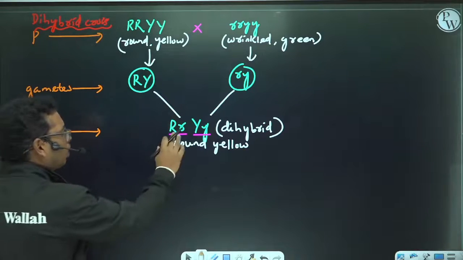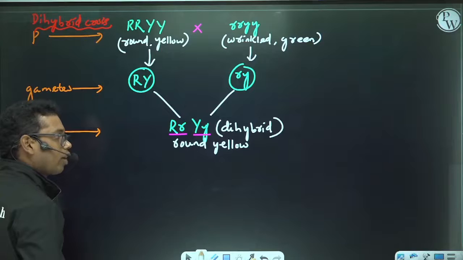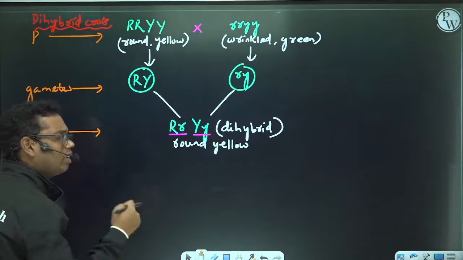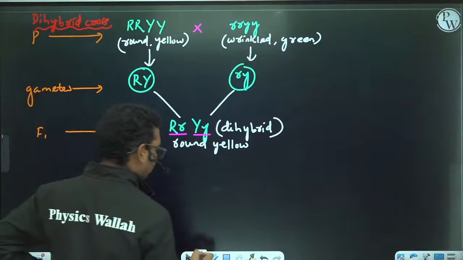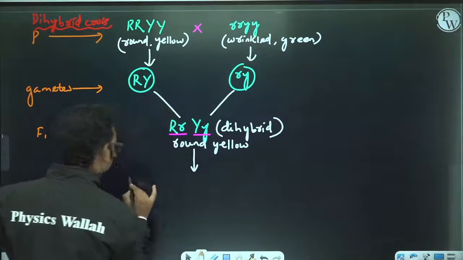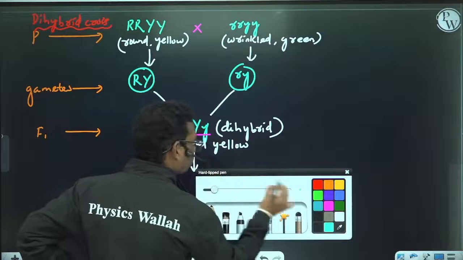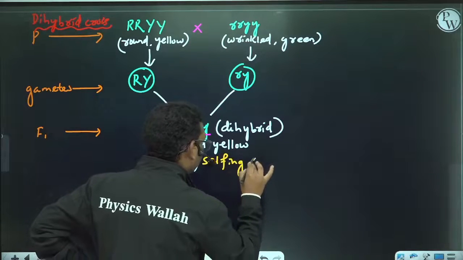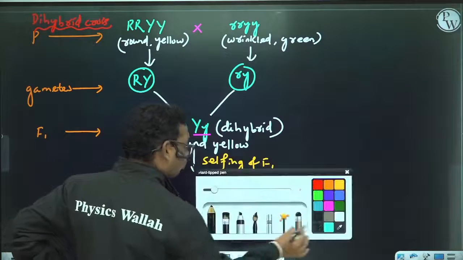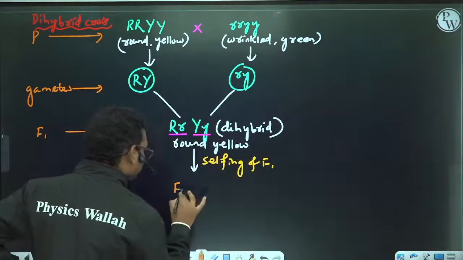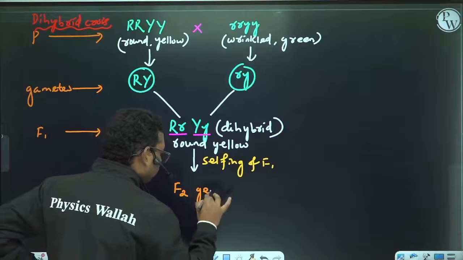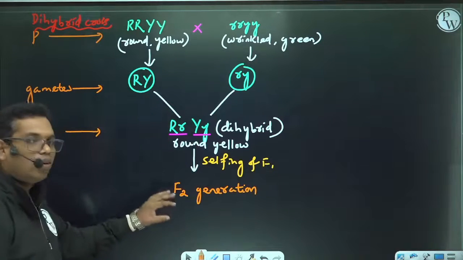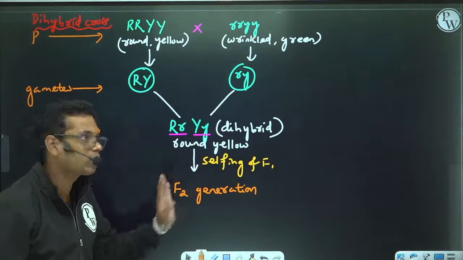Now I will perform the selfing of F1, and the selfing of F1 will produce the F2 generation. Let me explain here how the F2 generation will be produced.